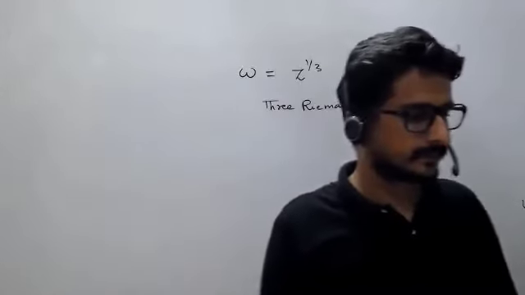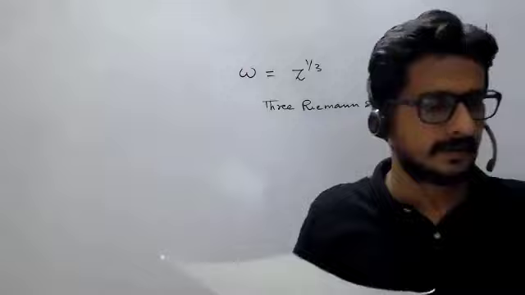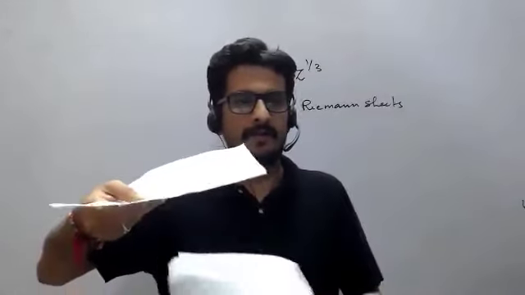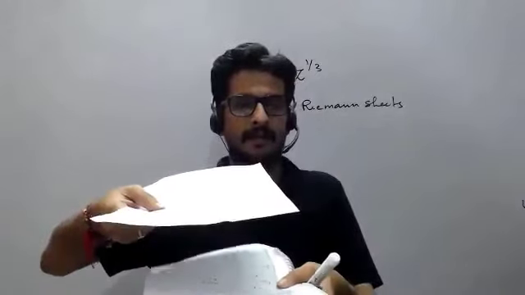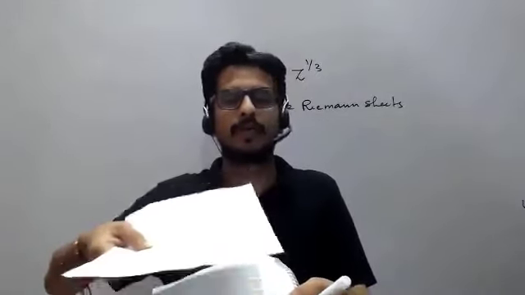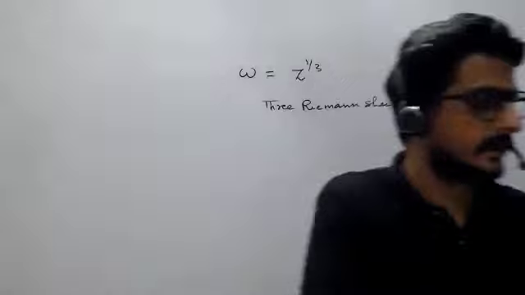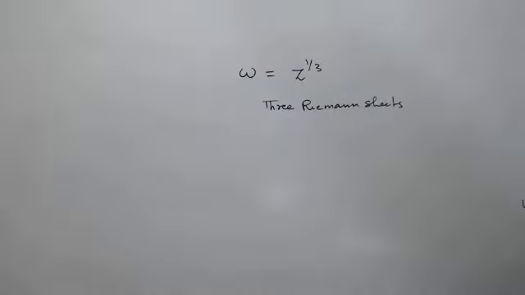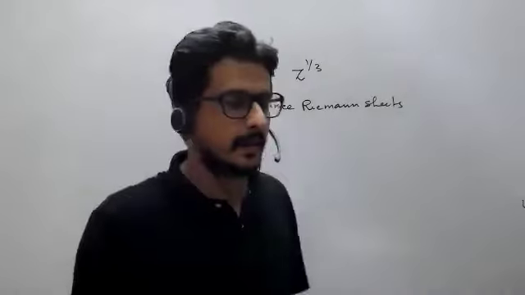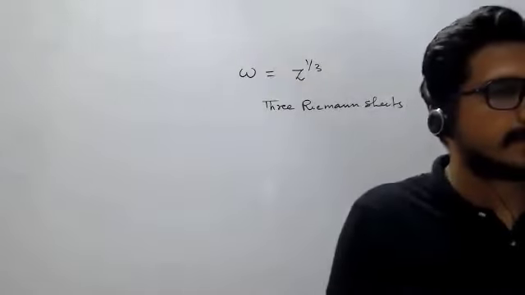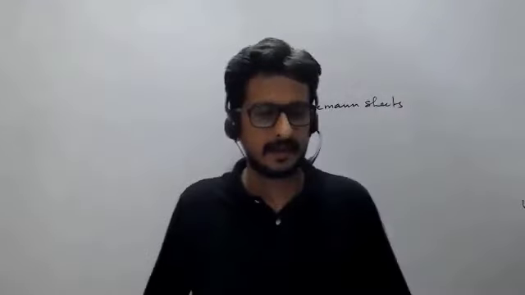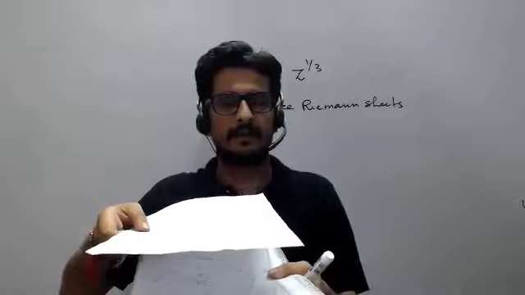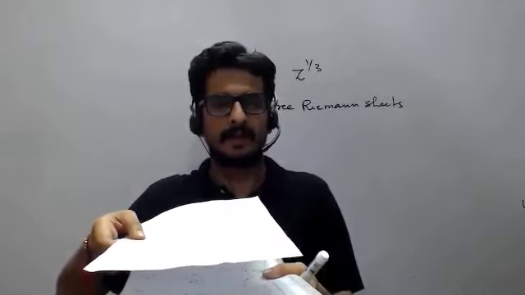So they are like this. Suppose you have one plane, and you have another plane like this. These are two different sheets. So there are three different sheets, and for z to the power half you will have two different Riemann sheets like this.